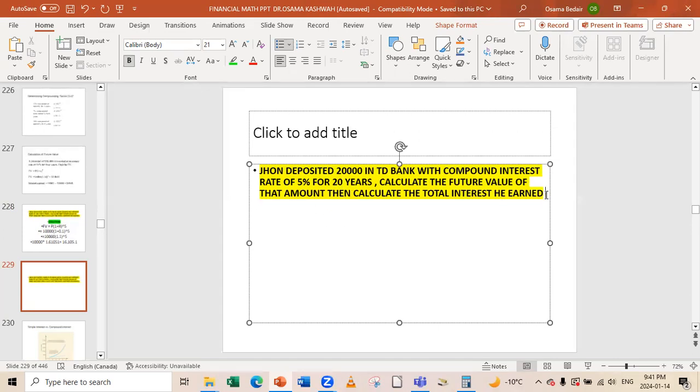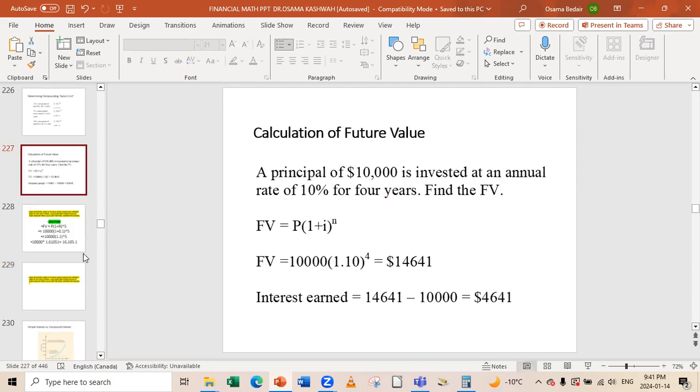You will see how much interest is earned. You will get the sum of the amount minus the origin, as we did before. It will give you how much interest you earn.